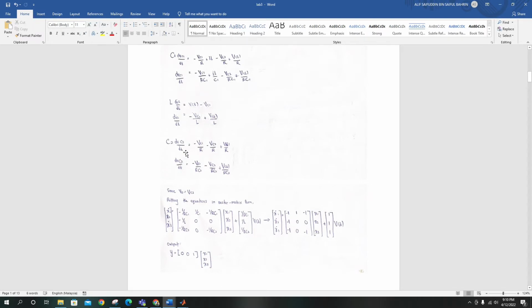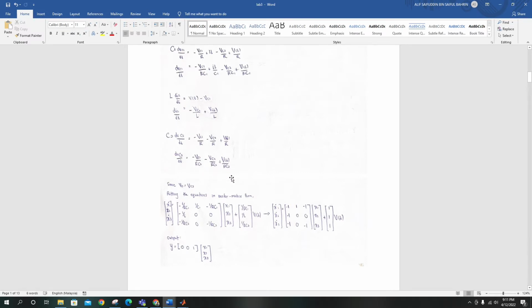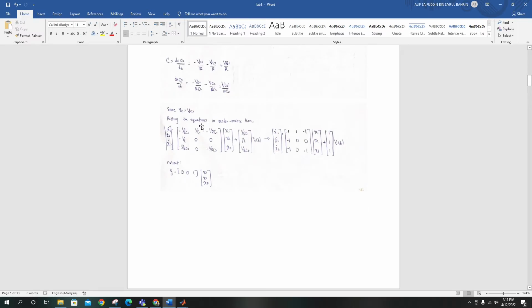Then we use C2 dVC2 over dt and get dVC2 over dt, which is minus VC1 over RC2 minus VC2 over RC2 plus VT over RC2. And we put the equations into vector matrix form.